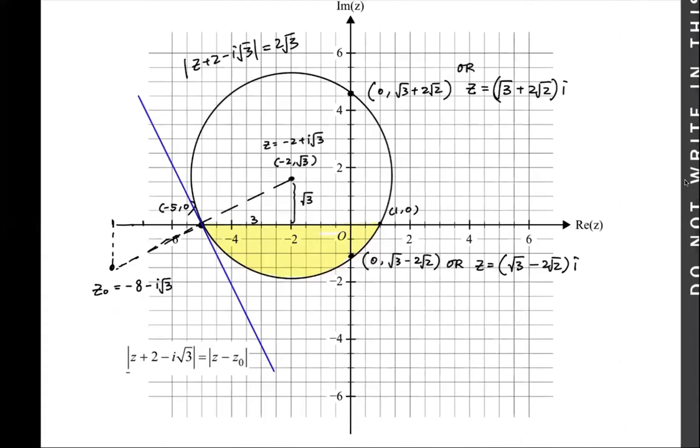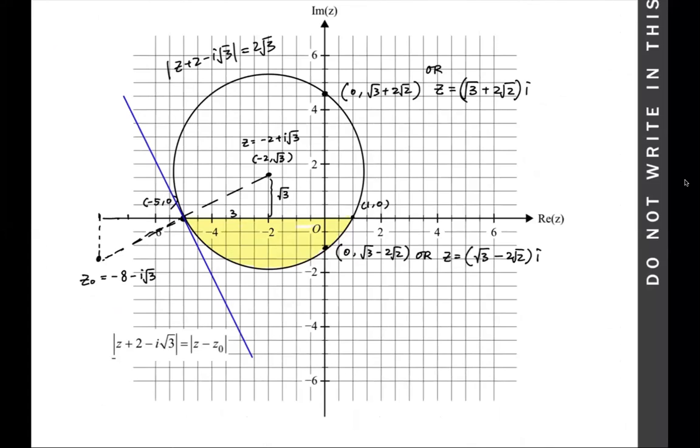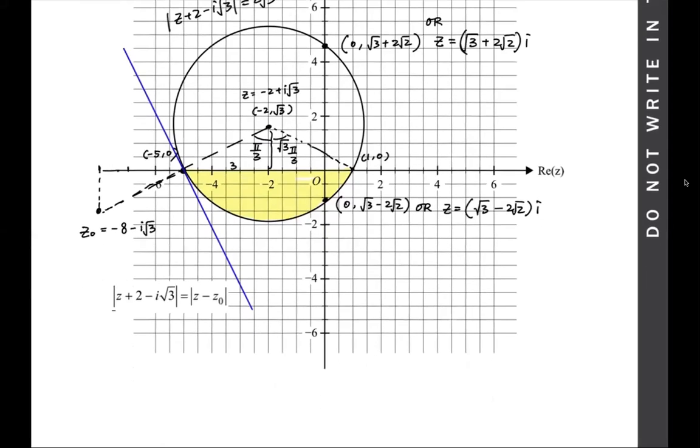So if we take a look at the shape here, this is a segment, okay? Now the segment formula is on the VCAA formula sheet, and now 3 root 3, I suppose this is pi over 3. This angle is also pi over 3. Therefore, we can use the segment formula with radius 2 root 3, okay?